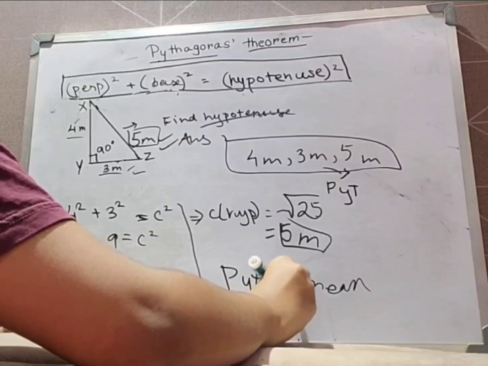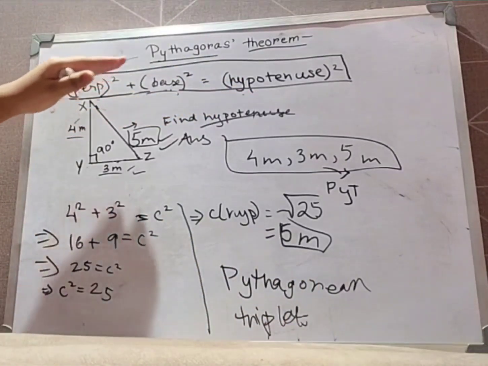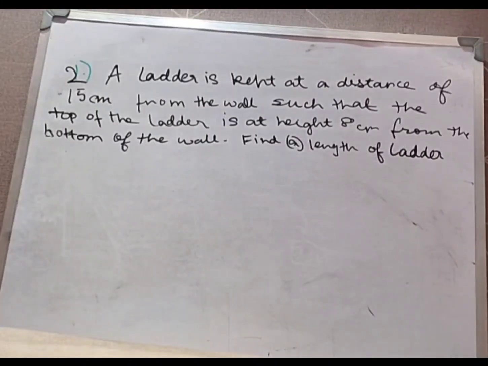Triplets, why? Because there are 3 sides. So 3 sides which satisfy this equation of perpendicular square plus base square is equal to hypotenuse square are known as Pythagorean triplets.